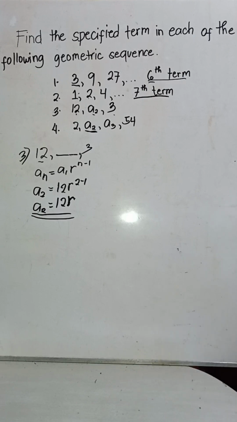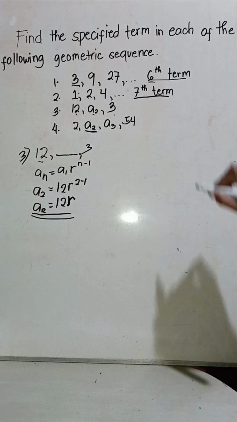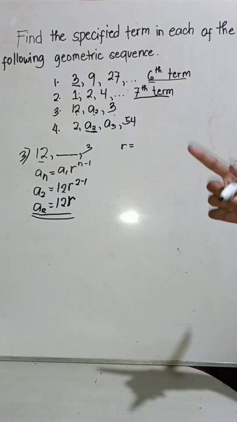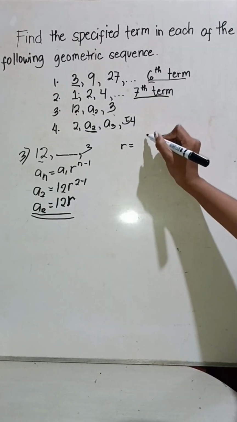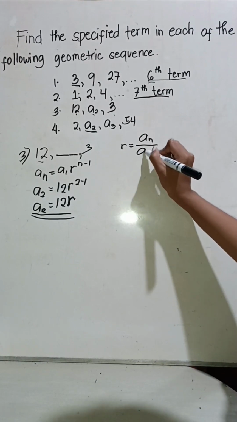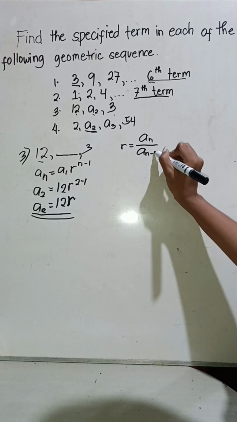So, the common ratio refers to the ratio of two consecutive terms. Diba, ang formula nato is r equals a sub n over a sub n minus 1.